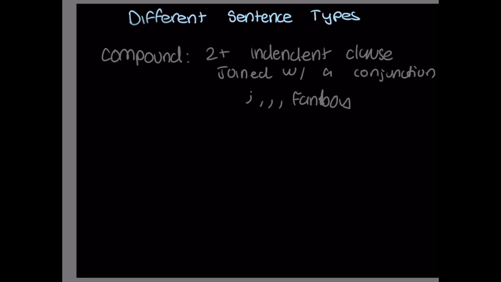So now that you guys know what a simple sentence is, and it's just one independent clause, how would I write a compound sentence? Wouldn't it just be two simple sentences together with a comma or for, and, nor, but, or, yet, so? Well, yeah.